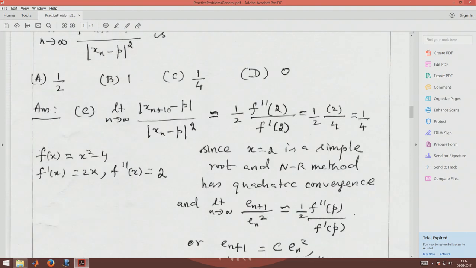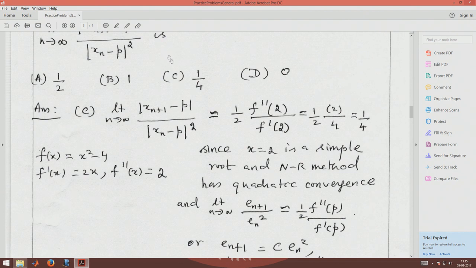What is it? I start with e_{n+1} by modulus of e_n square. We have already done error analysis and we have shown that when we apply the Newton-Raphson method, e_{n+1} by e_n to the power of alpha, where p is an approximation, is nothing but half of the second derivative of f at the root which is p, divided by the first derivative of the function at the root.